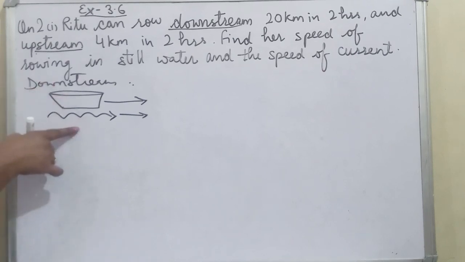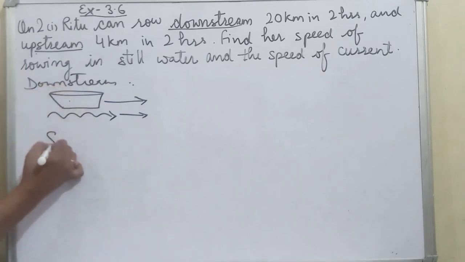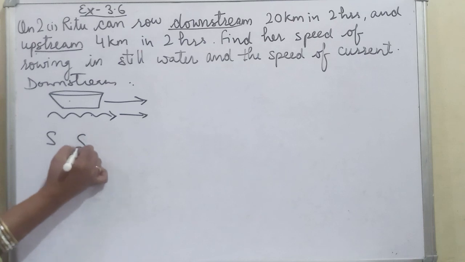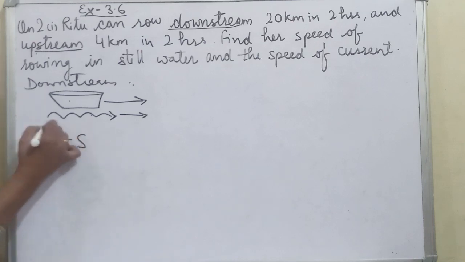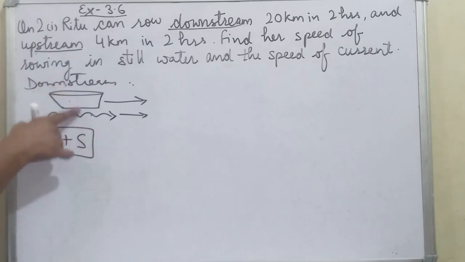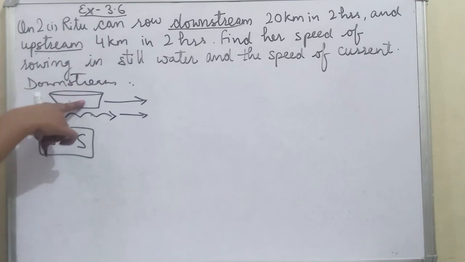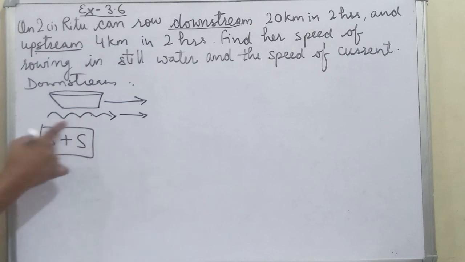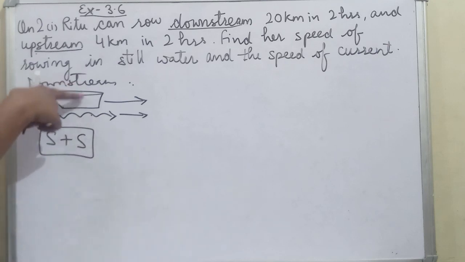At that time, the speed of the boat and the speed of water will be added. So during downstream, the speed of the boat will be increased because the speed of water gets added to it.